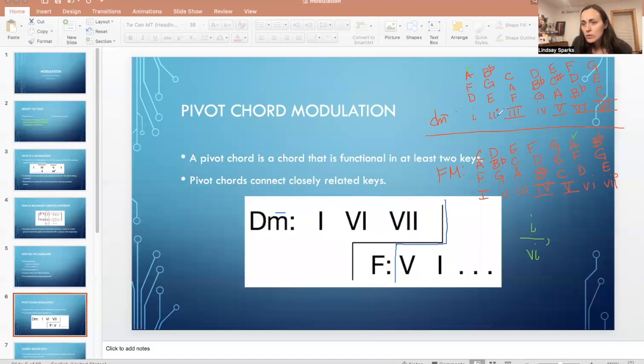The 2 could be the 7, both diminished quality. So we got that one. 3 could be 1, obviously.